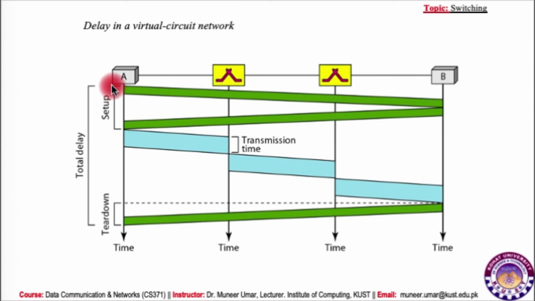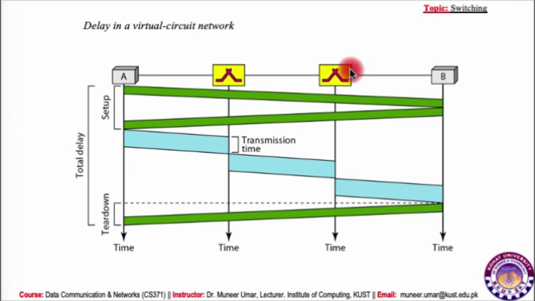This delay is for setup and this one is for tear down, and this would be the total delay. If the resources are allocated during the setup phase, there is no wait time. In the previous case of datagram networks, we had delay here, that was waiting time. So in this case there is no waiting time.